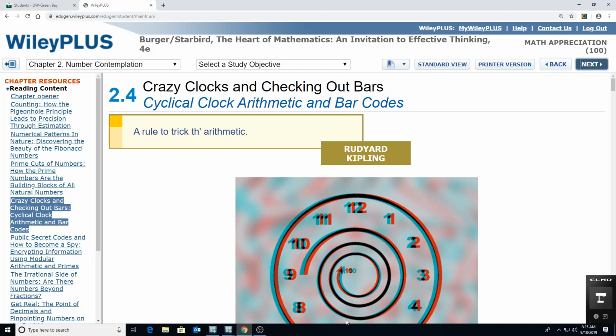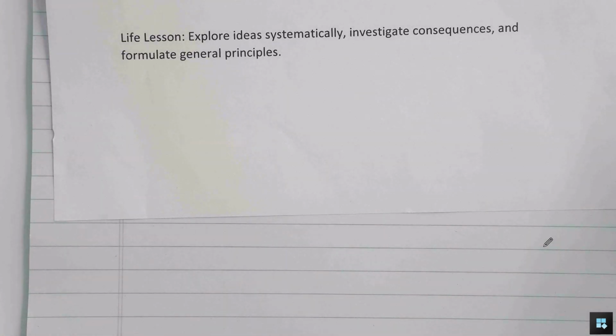Okay, if nobody has any questions, we'll continue on with section 2.4. The life lesson the author suggests here is to explore ideas systematically, investigate consequences, and formulate general principles.